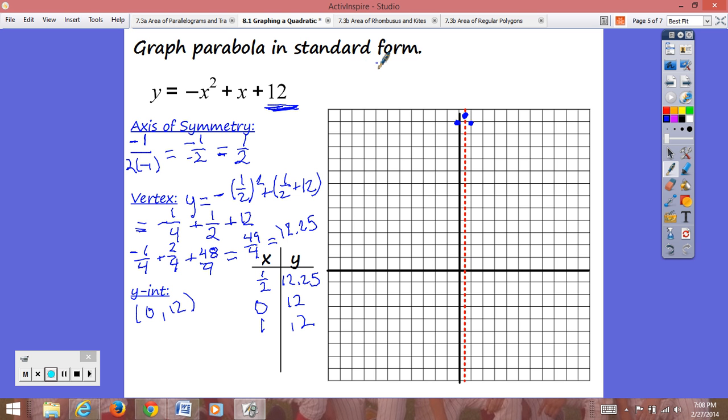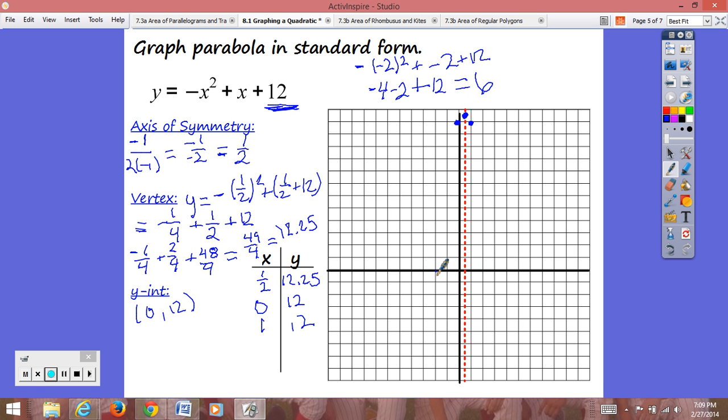I'm going to choose -2, so we have the opposite of -2 squared plus -2 plus 12. So -2 squared is 4, but we have that other negative out here, so it is -4 minus 2 plus 12. -4 minus 2 is a -6 plus 12 equals +6.